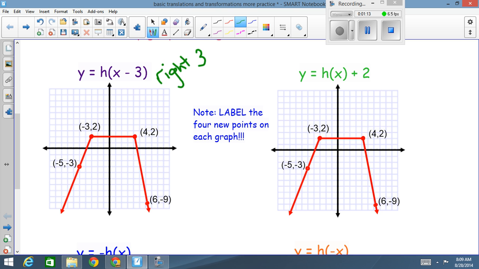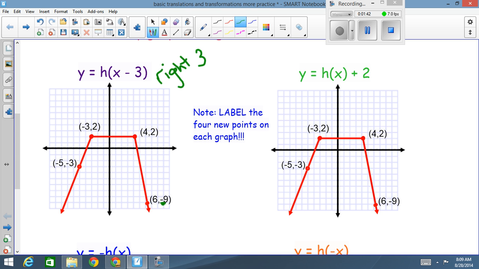Now what I want you to get in the habit of doing so that we get pictures that are similar, if not exact, to our originals, is instead of just taking this whole thing and shifting it 3 to the right, let's move each point to the right 3. Okay? So I'm going to start down here with the point 6, negative 9. I'm going to move that to the right 1, 2, 3.